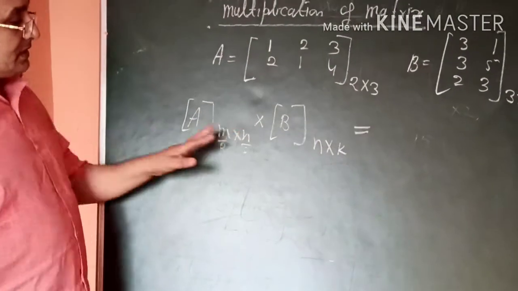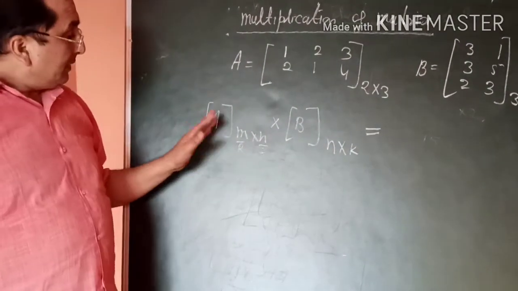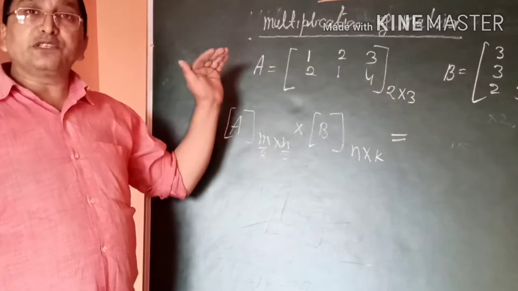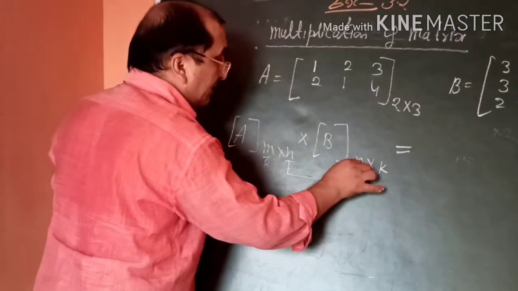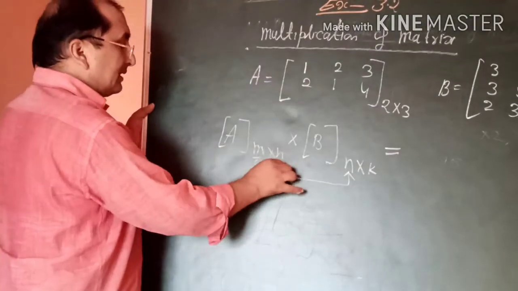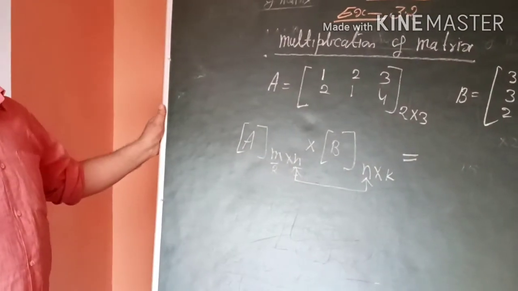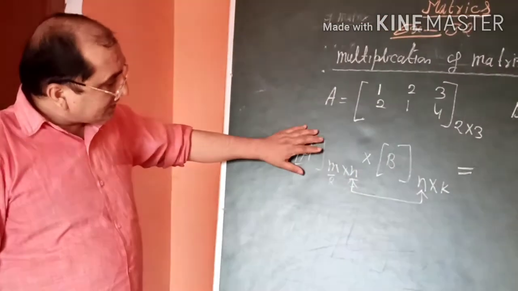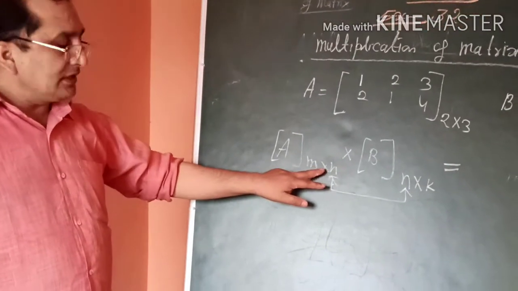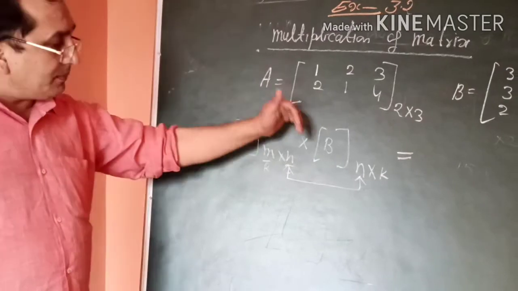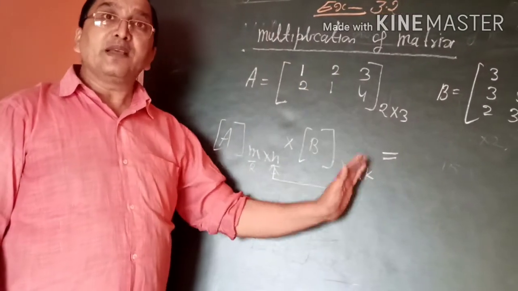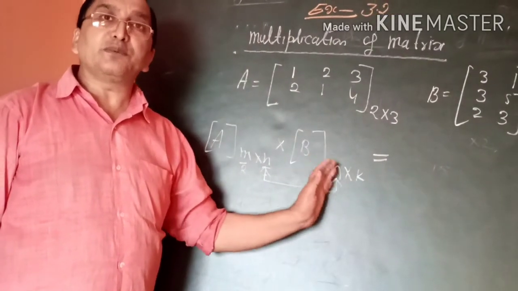Matrix multiplication of two matrices is possible when the first matrix's column count is equal to the second matrix's row count, otherwise not. The first matrix's number of columns must equal the second matrix's number of rows, then multiplication is possible, otherwise not.